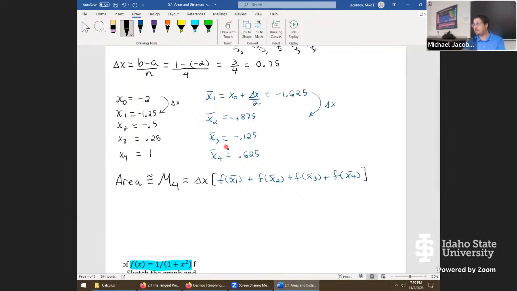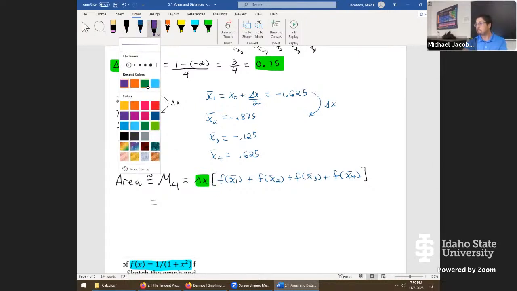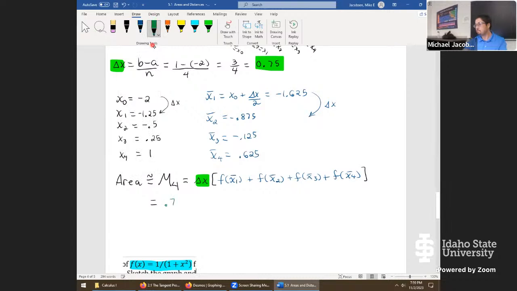So we'll import them and write this out as, first, look up your delta x value. It came through as a 0.75. Then we need to look up the original function f right down here in blue and the first midpoint, which is negative 1.625.